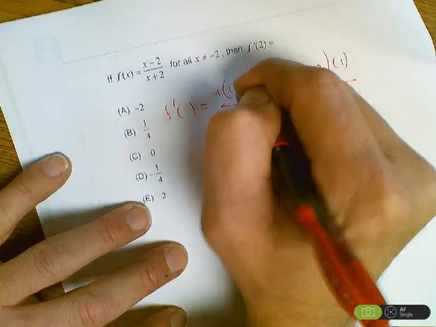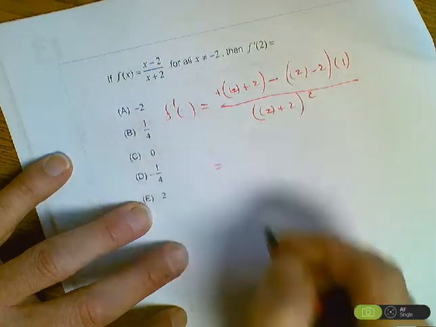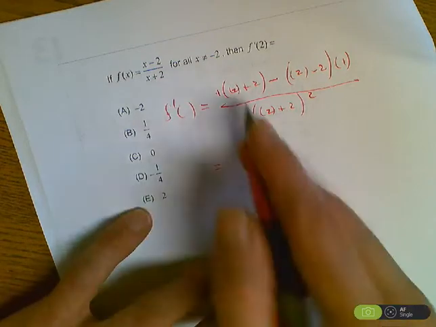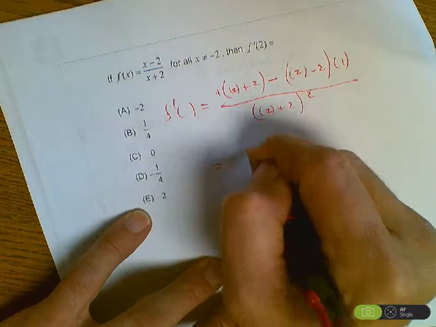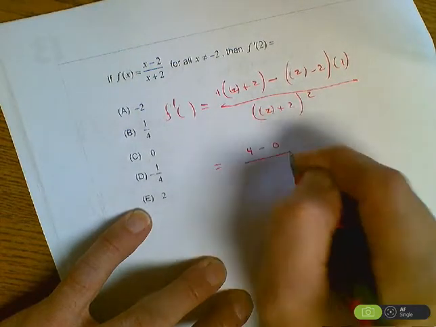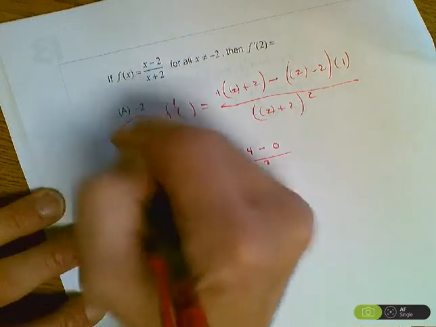Let's put the 2 in. 2 here, 2 here, 2 here. Okay, now you don't have to do them my u method. But whatever works for you the best, do it. Now, I'm just simplifying. Upstairs we have 4 minus 0 over 4 squared. I'm going to go 1/4. B.